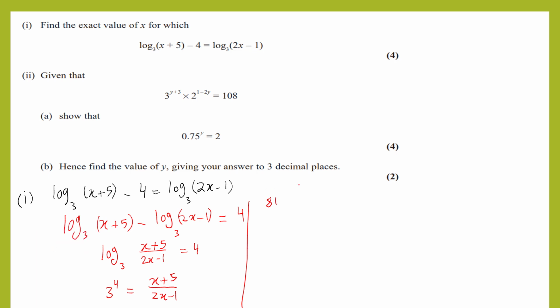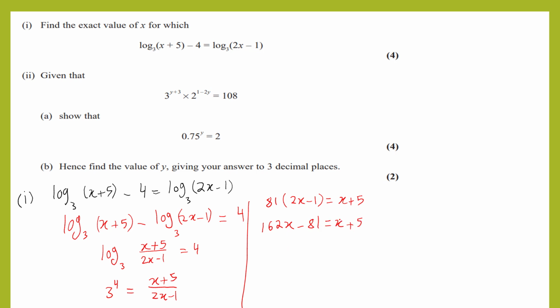So it will be 81 multiplied by (2x minus 1) equals x plus 5. So here it will be 162x minus 81 equals x plus 5.